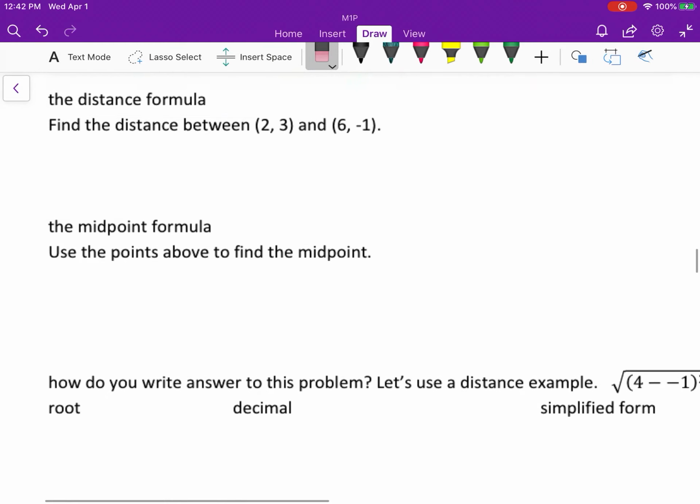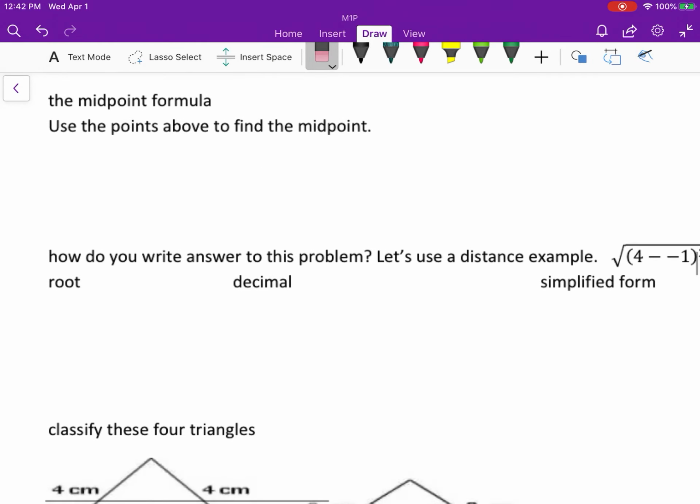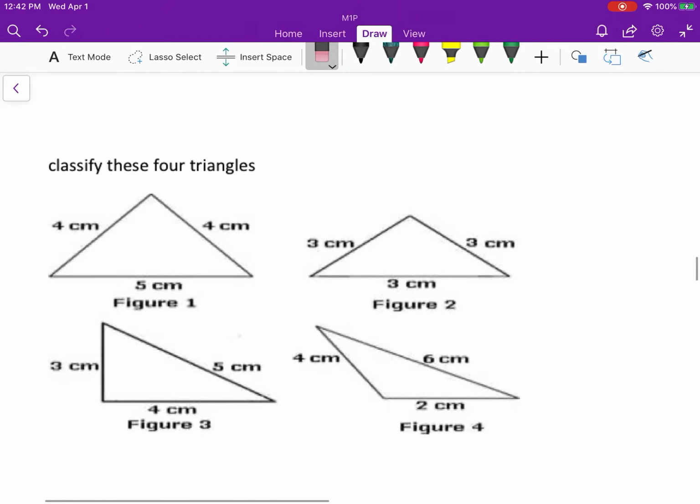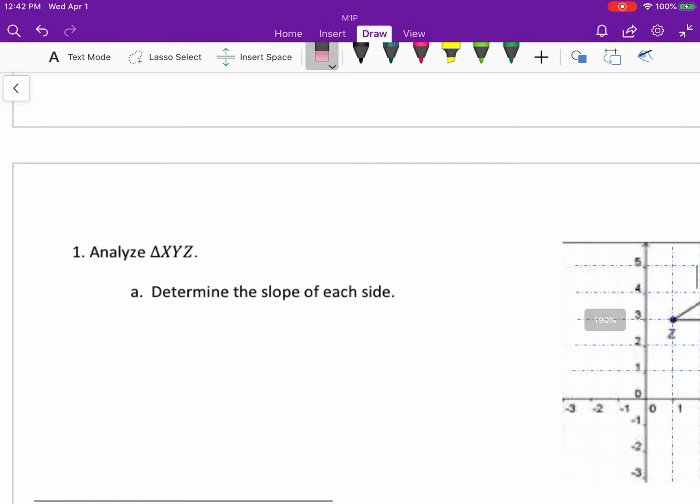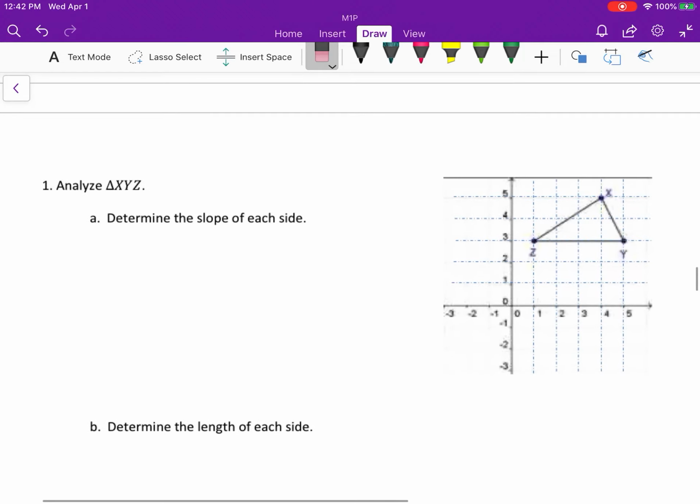Then what I did is we have a problem on distance, midpoint, how to write that problem out, how to classify triangles. And then we've got some harder problems here where it wants you, say, to determine the slope of each side.